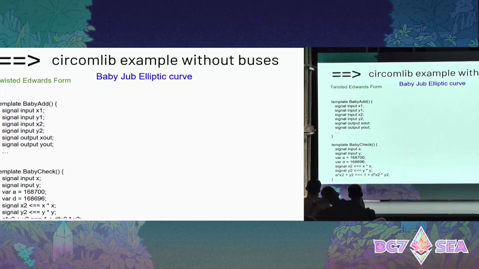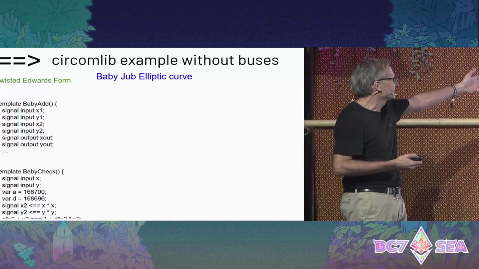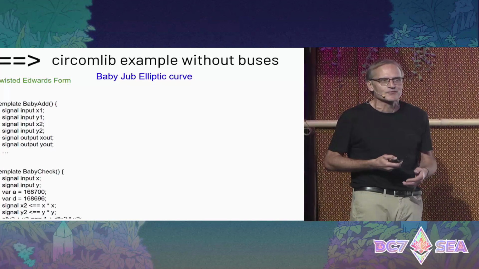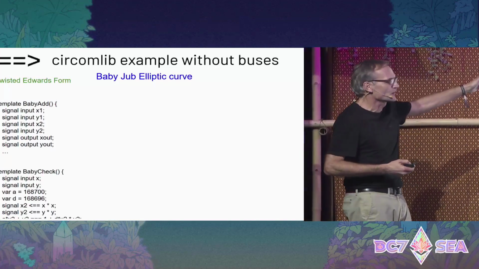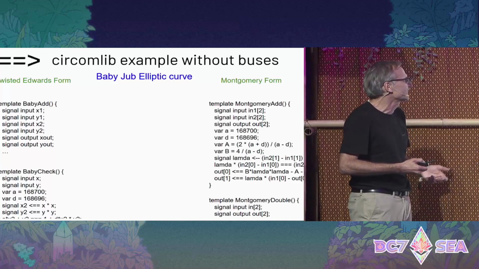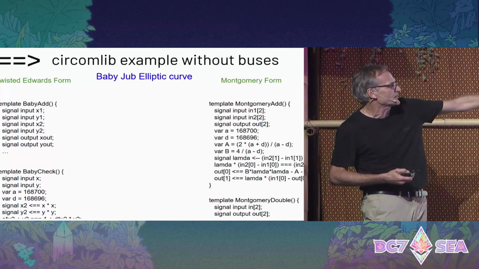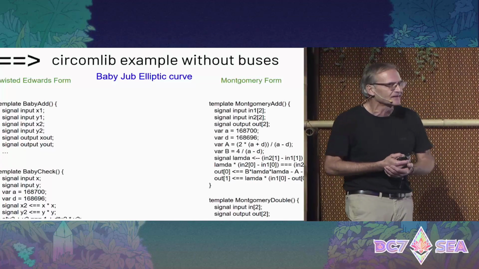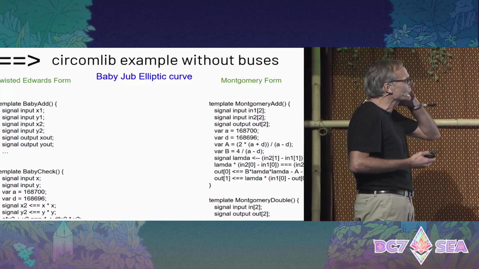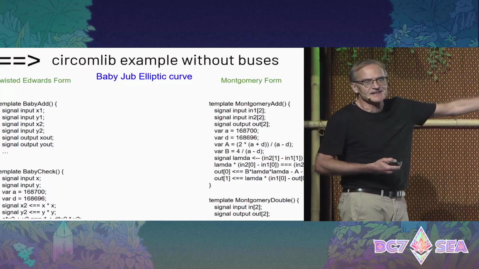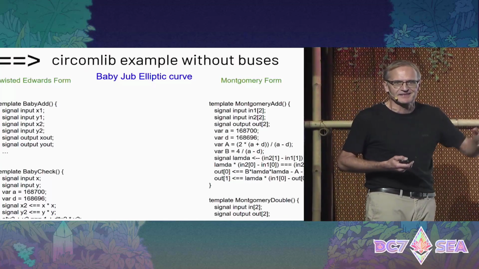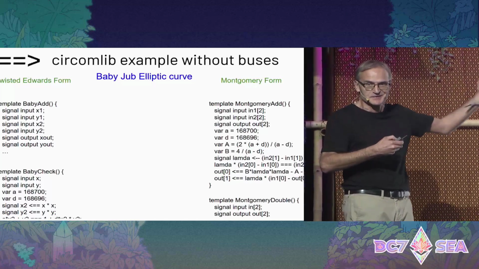You see, you work with points, but what happens is that, again, the points are not there. Okay, so you have here two signals, one for the x, one for the y, and that for each of the 2 points, so there is no structure here. And then you also have operations for the Montgomery form, and there we are using an array of 2 signals instead of the 2 signals.